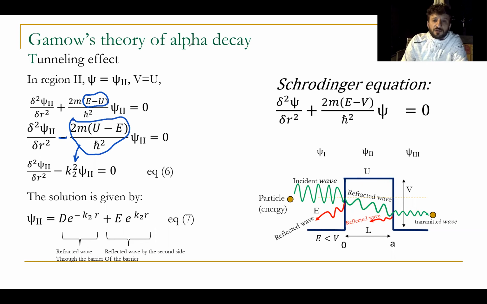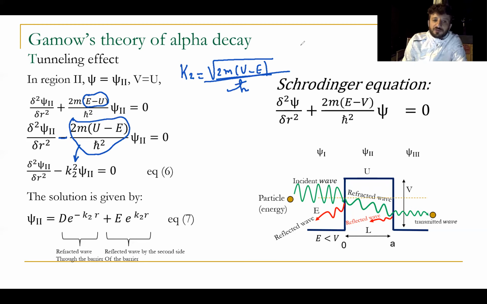So k2 equals the radical of 2m(U minus E) divided by h.